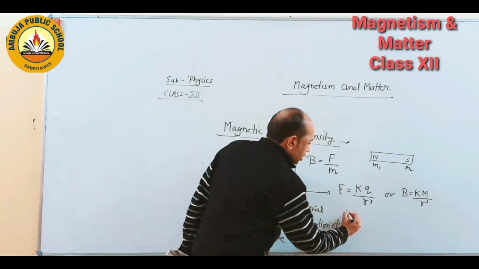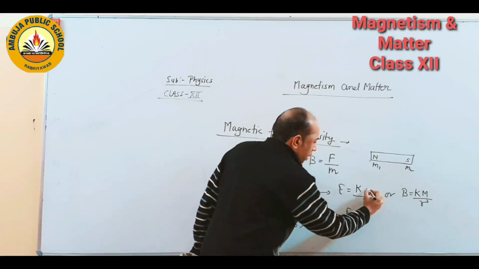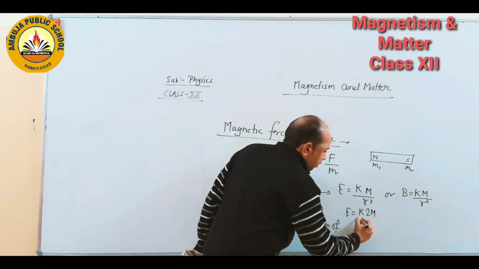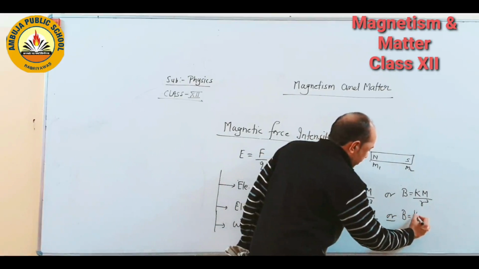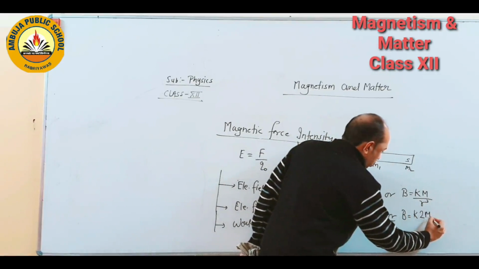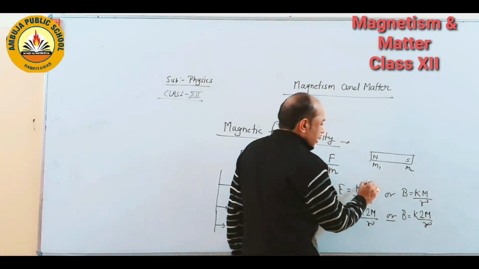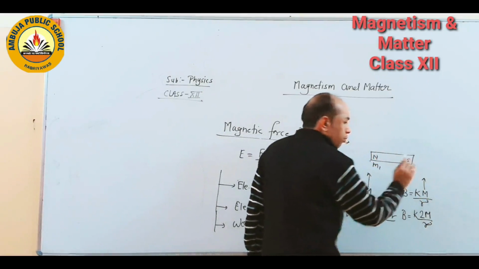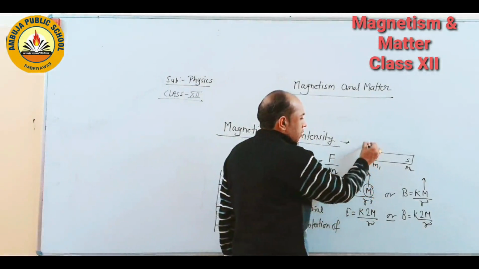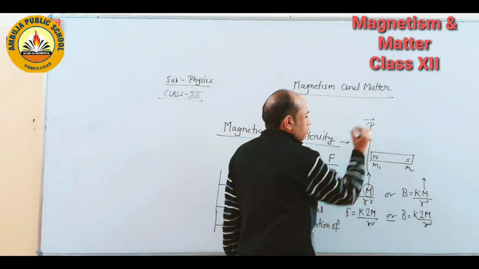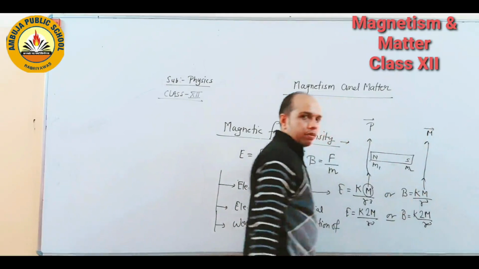For equatorial, E is equal to K 2M upon R cube, and here B is equal to K with 2M upon R cube. So here we define this M as dipole moment. In both electrostatic and magnetic field, this M is replaced by P in electrostatics, and for magnetism it is replaced by capital M.